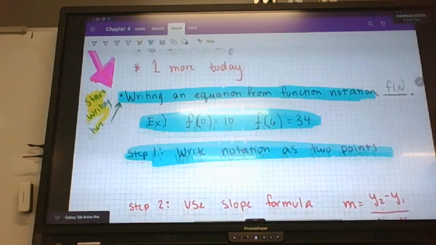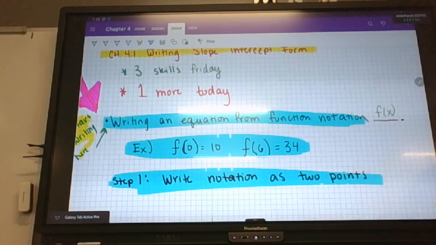Write everything in blue highlight. Step 1, you're going to write that notation as 2 ordered pairs. Now, typically, there's an x in the parentheses, so that means this 0 is the x value, and the result is the y value.